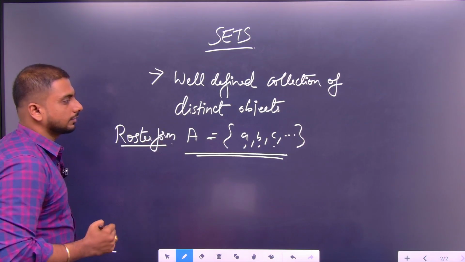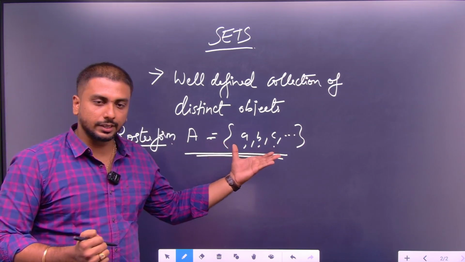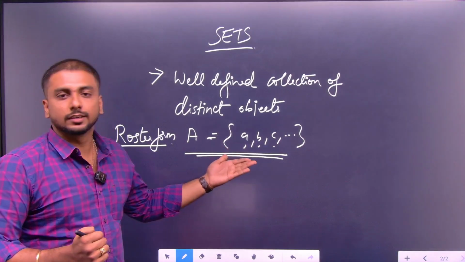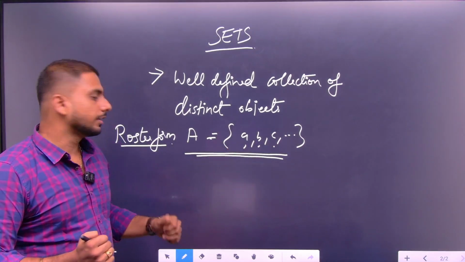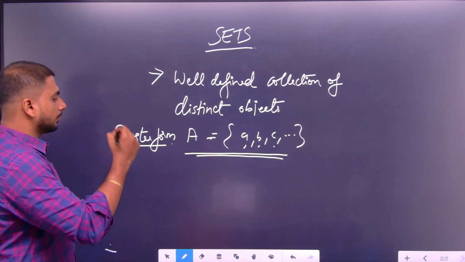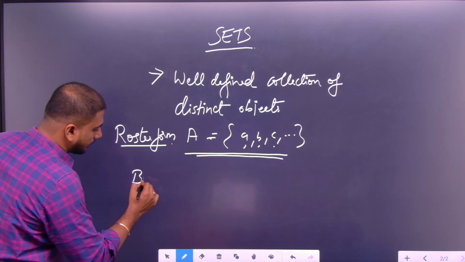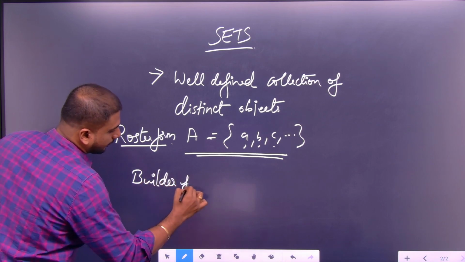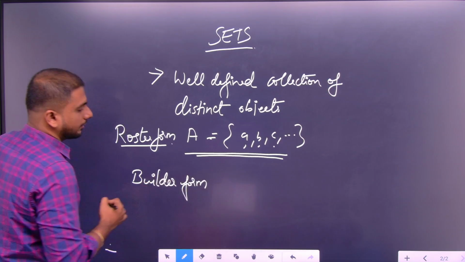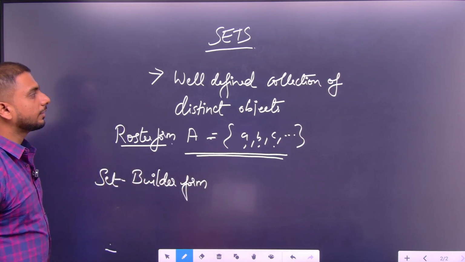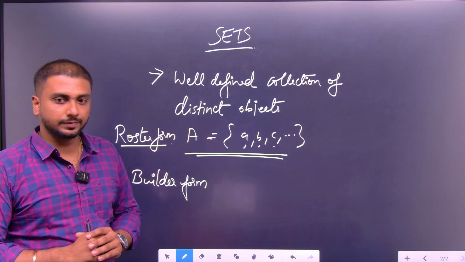Okay, this way of representing a set with all of its elements separated by commas inside a curly bracket is known as roster form. Now there is another form known as builder form, or it is commonly known as set builder form of writing sets.